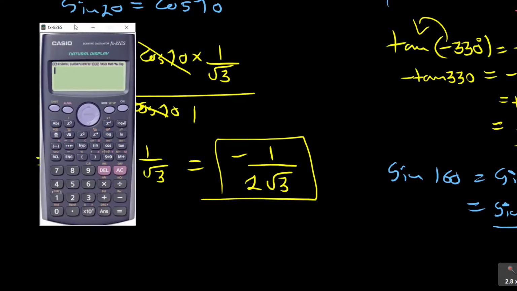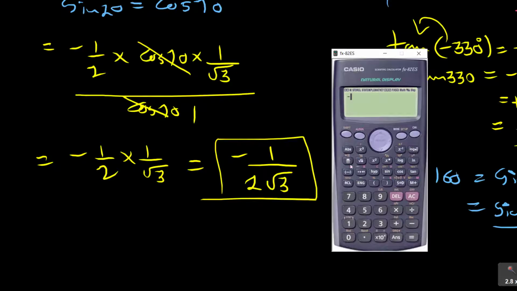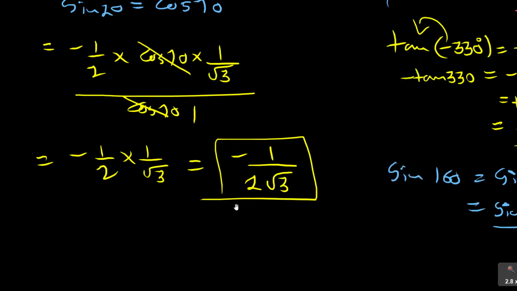If I enter negative 1 over 2 square root 3, you'll see it rationalizes, which is negative root 3 over 6. But let's press the S-D button, which gives minus 0.2886.